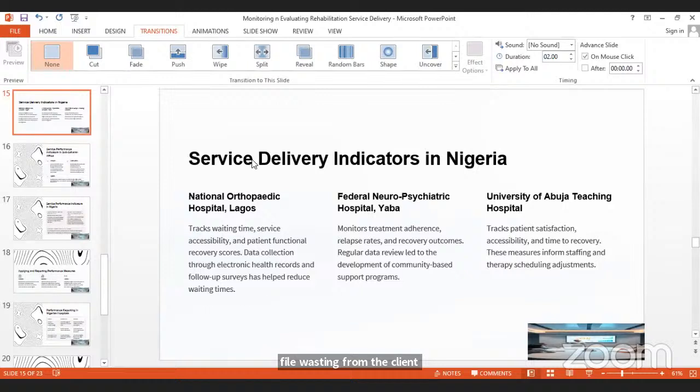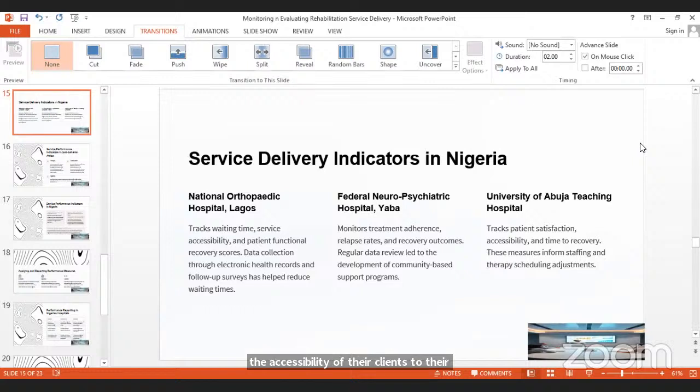Now, in the case of the University of Abuja Teaching Hospital, what they look at is client satisfaction. They gather information regarding client satisfaction. They also look at the accessibility of clients to their facilities or services.